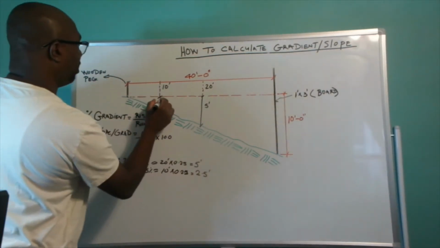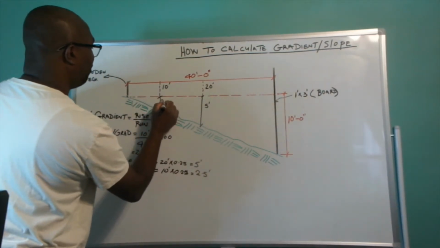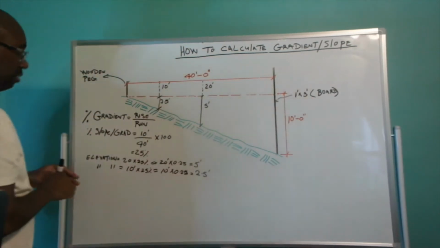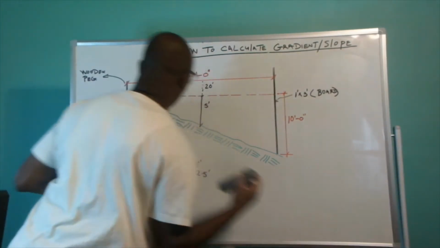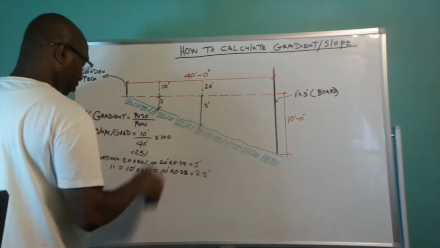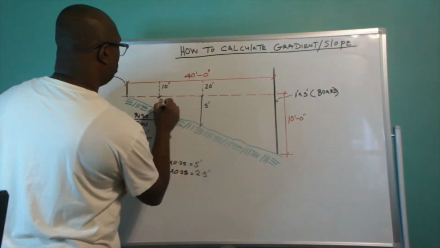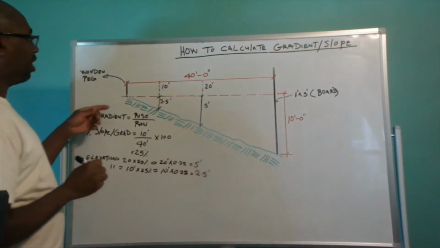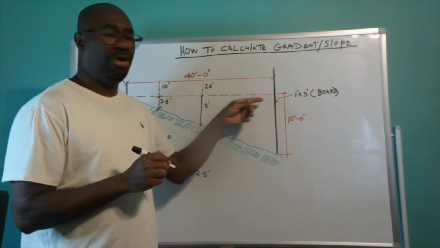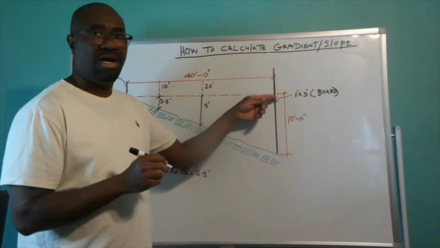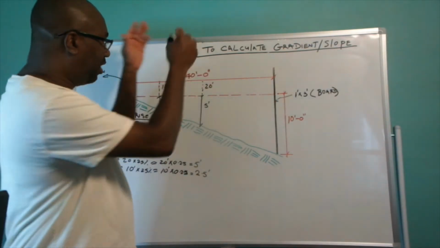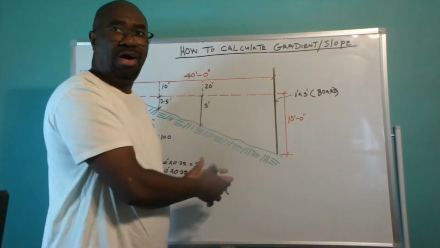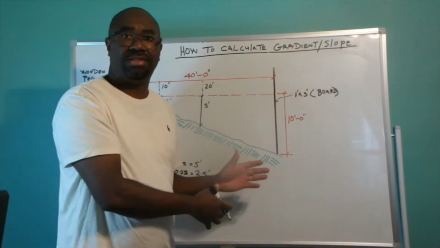So at 10 feet, the height of that elevation is 2.5 feet. And you can pretty much do this for the entire length of this line here. Any distance you want, you just times that by 25% and you arrive at the elevation.